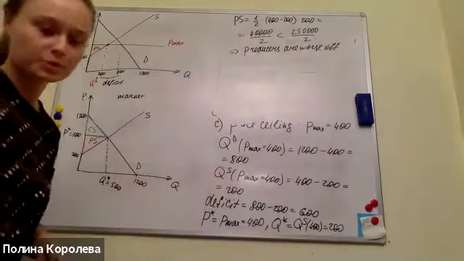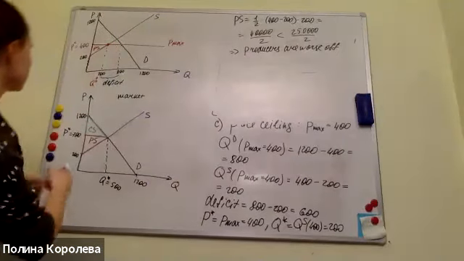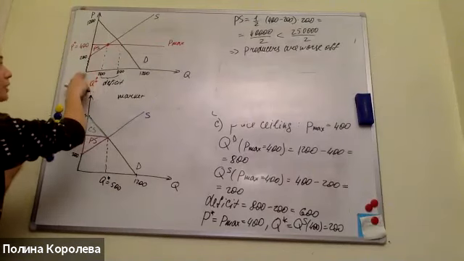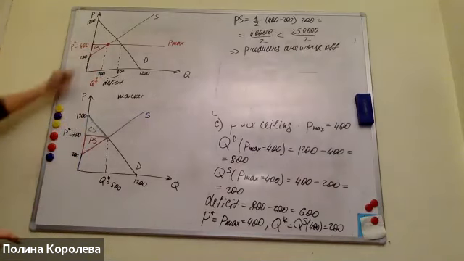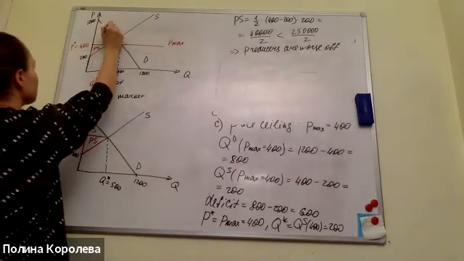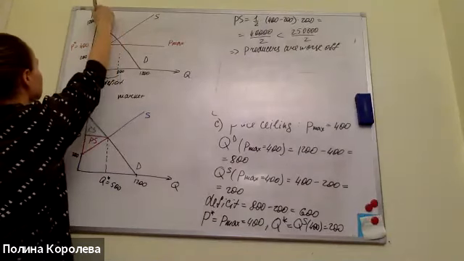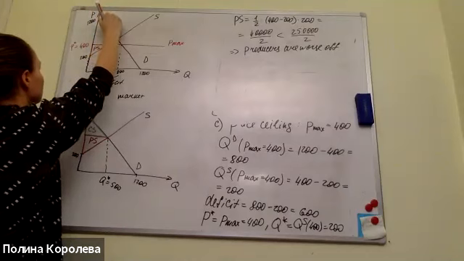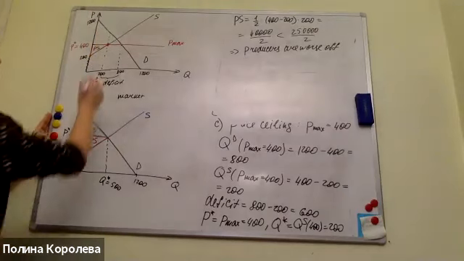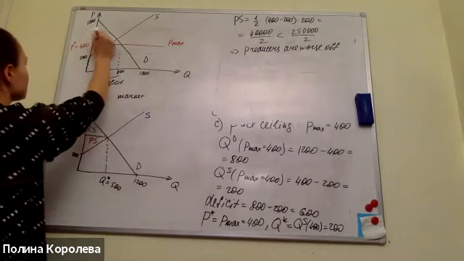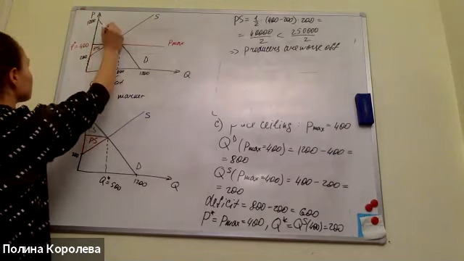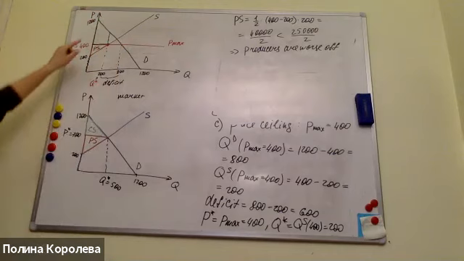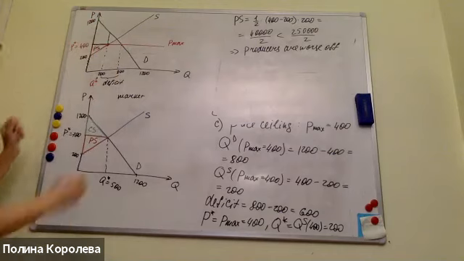Then, what about consumers? Consumers buy right now 200, but at a lower price than before. So the area under the inverse demand function and above the price that they actually paid is the consumer surplus. And we see that it's not a triangle right now, but a trapezoid.